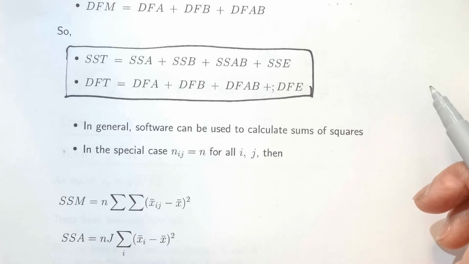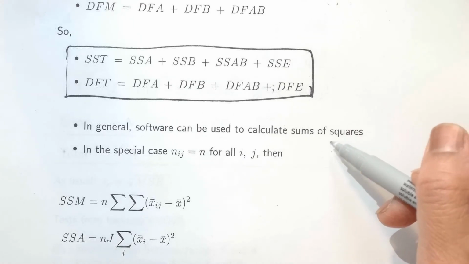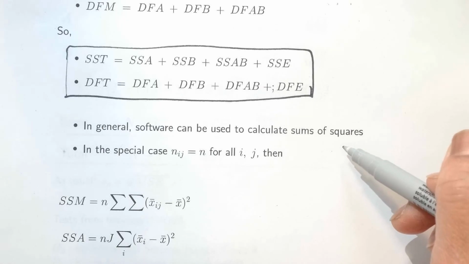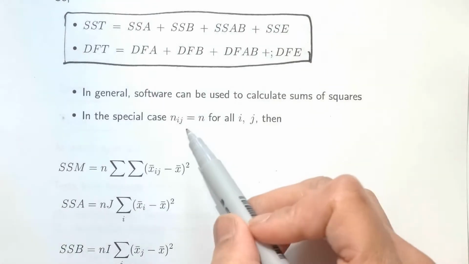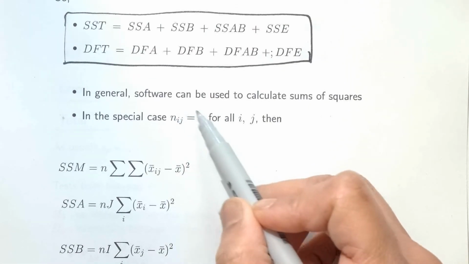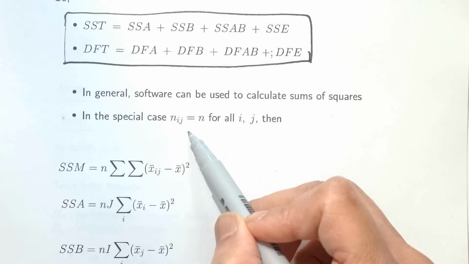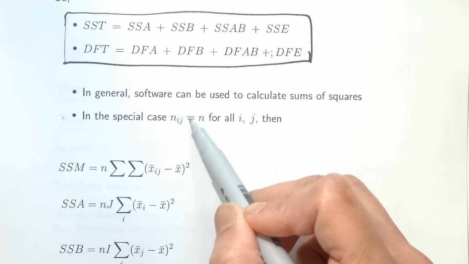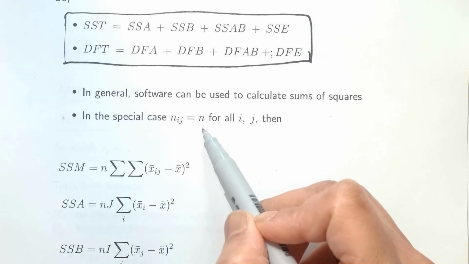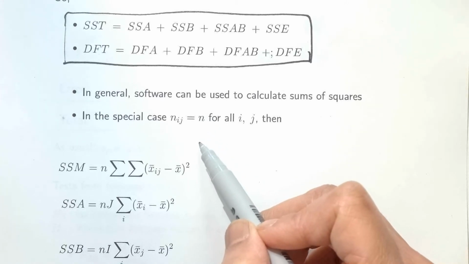So in general, the calculations get pretty cumbersome, and so often software is used to calculate all those different sums of squares. But there is one special case that is easier to think about, the special case I mentioned earlier. We have a balanced design, where Nij, the sample size in each cell, is the same sample size, equal to n for all ij.